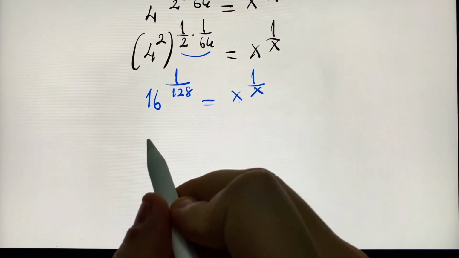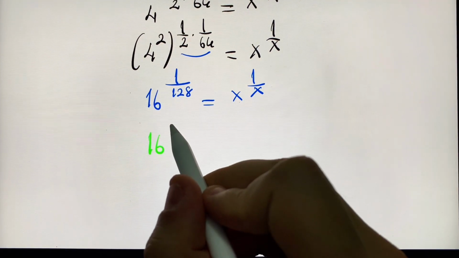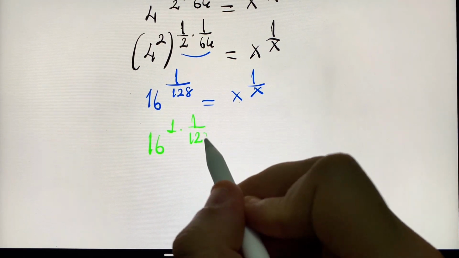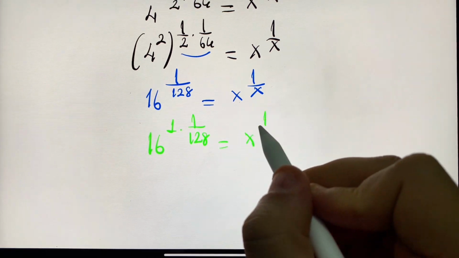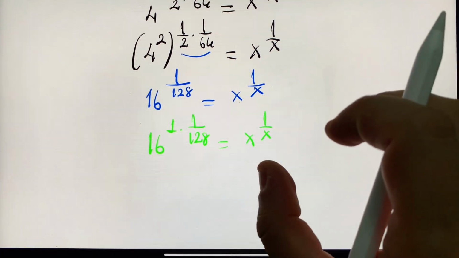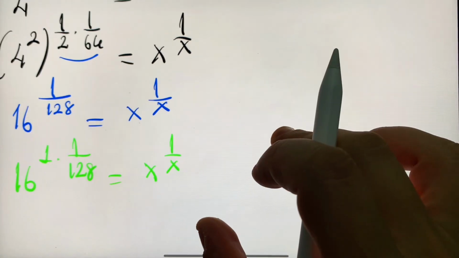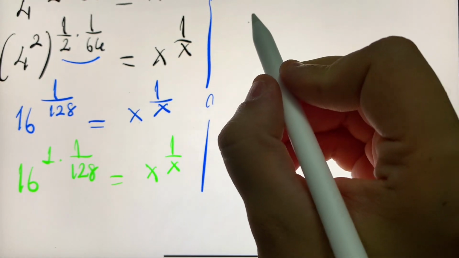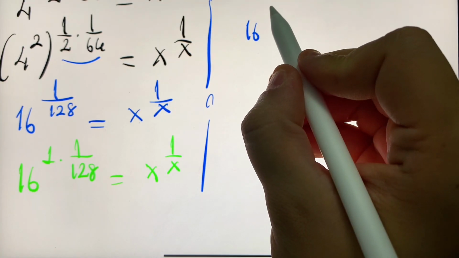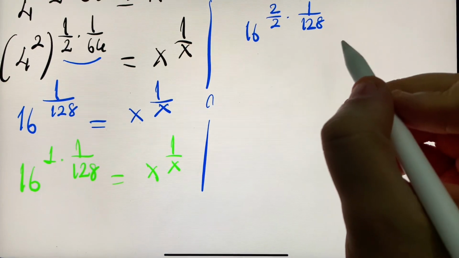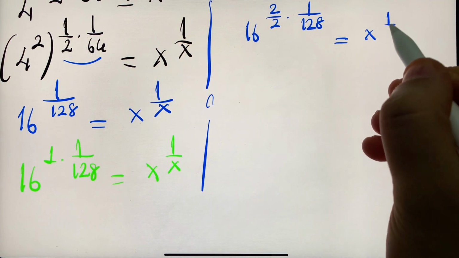Over 16, so write 1 times 1/128 is equal to x to the 1 over x. And it will be better if we continue from here. Let's cut this here: where we see 1, write 16. 2 times 1/128, I wrote as equal to x to the 1 over x.